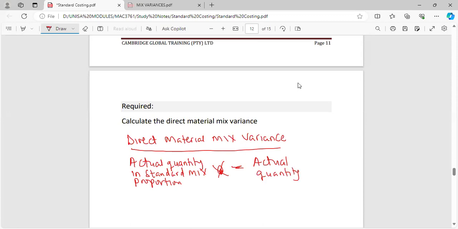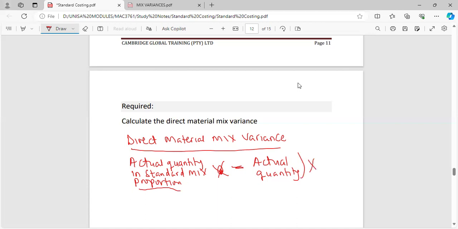Remember, actual quantity is already in actual mix. So there is no need when you are answering your question to calculate the mix for your actual quantity, because you still get the same figure, since they are already in.